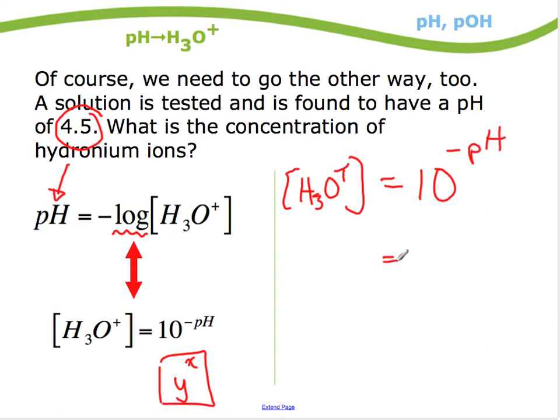In this particular case, my pH is 4.5, so it'll be 10 to the negative 4.5. Let me try that on my calculator. Clear. Okay, 10 to the, where's my to the button on this calculator?